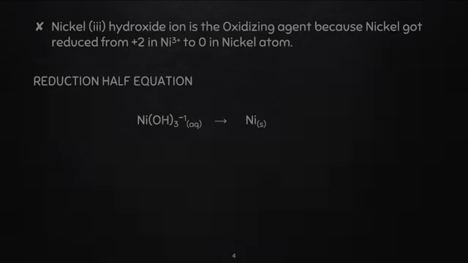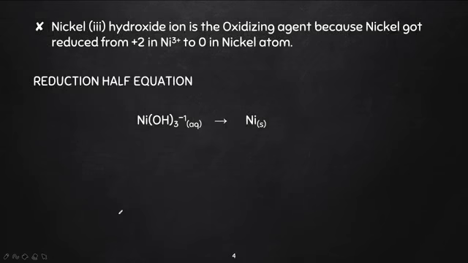Now let's go forward. The second atom we're dealing with is the nickel atom. In nickel(III) hydroxide, nickel has an oxidation number of +2, and the oxidation number of a free element is 0.